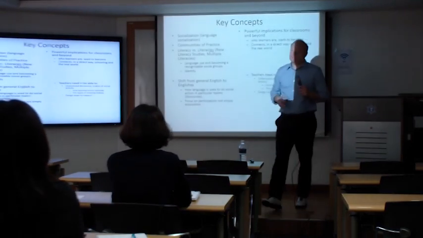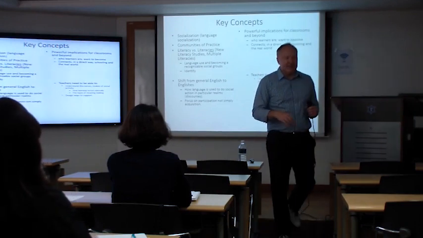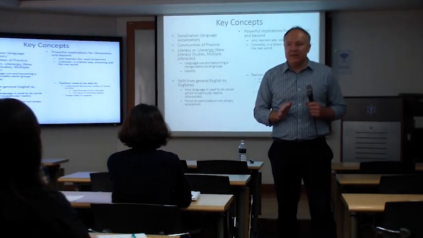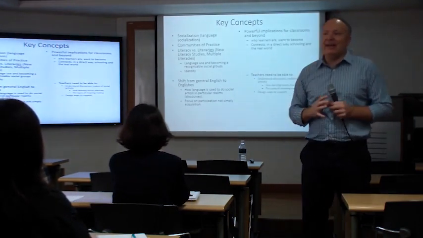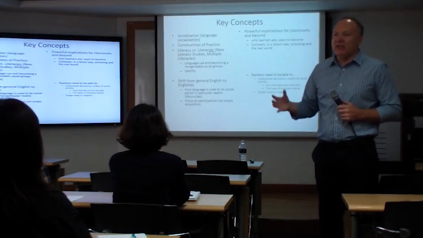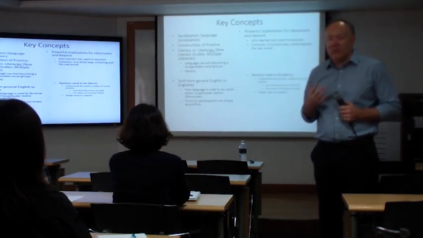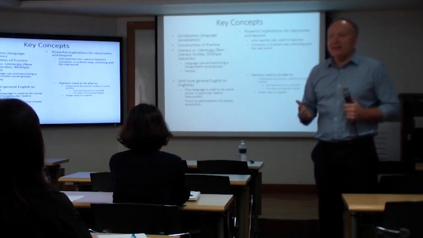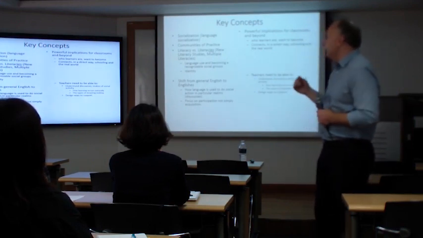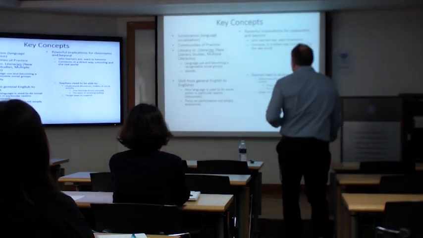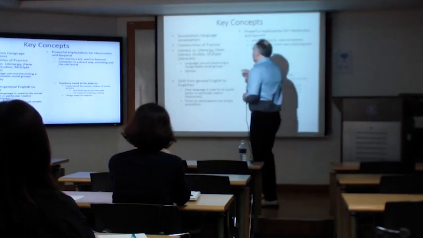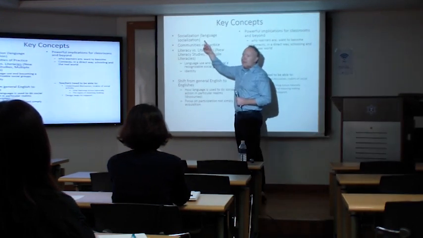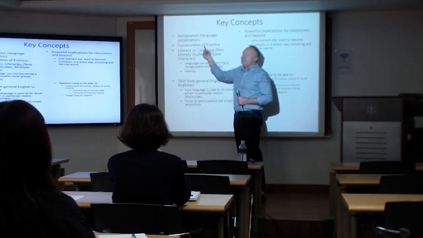Some of the key concepts, these are, and I'm not going to go too crazy into these because I know you haven't heard them. But in order to understand how this is happening, you have to have a different frame, a different way of looking at language and education. For example, you might want to talk about socialization, becoming somebody, understanding communities of practice.